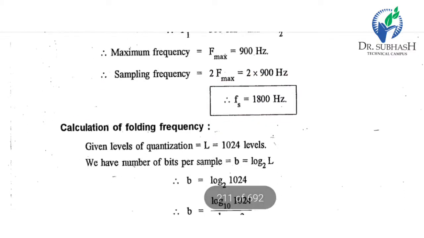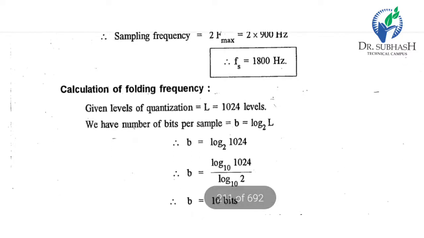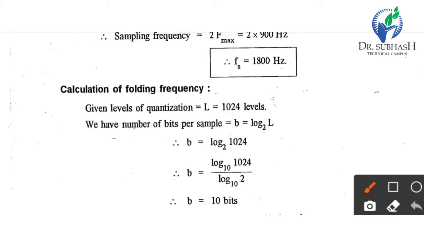Now time to calculate aliasing frequency or folding frequency. So here the level of quantization, that is L, is given as 1024.